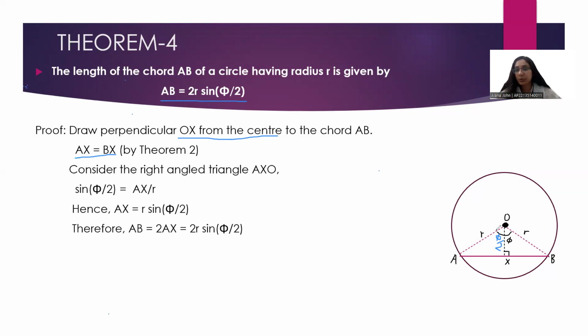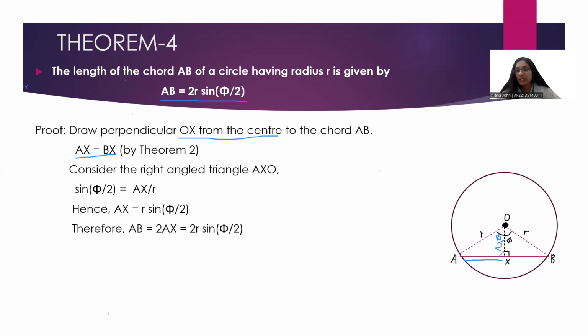Here the opposite side is AX and the hypotenuse is OA, whose length is R. So we can write sine phi by 2 equal to AX by R. Cross multiplying, we get AX equal to R sine phi by 2.